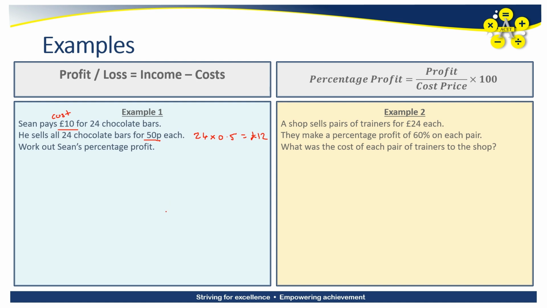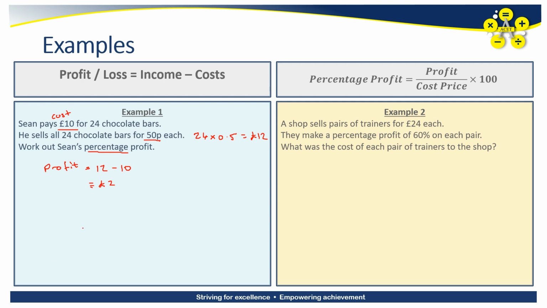Now that's not profit, because the profit is the difference between what's come in versus what's come out. So his profit in terms of cash is going to be that £12 that he's made, take away the £10 that he's spent. So he's only actually made a £2 profit. But that's not what we're interested in. We're interested in the percentage profit. So we're going to use that formula.